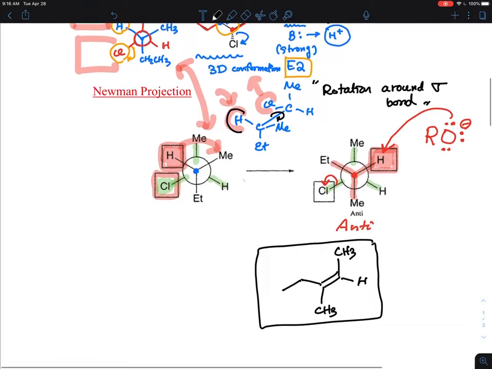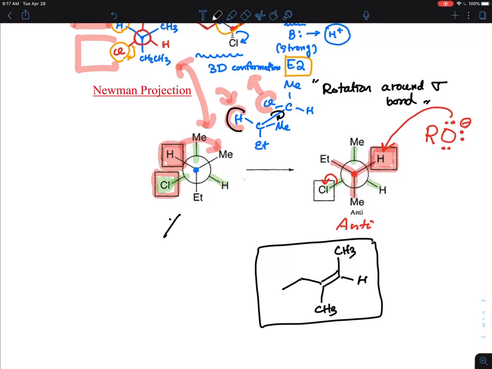If you are looking here, saying if you do not do the sigma bond rotation, if you just don't consider this, base coming in and this one is leaving there, you will see that that's the front and this is the back, so you form the double bond, and then what you see here is methyl and methyl are on the same side, right?